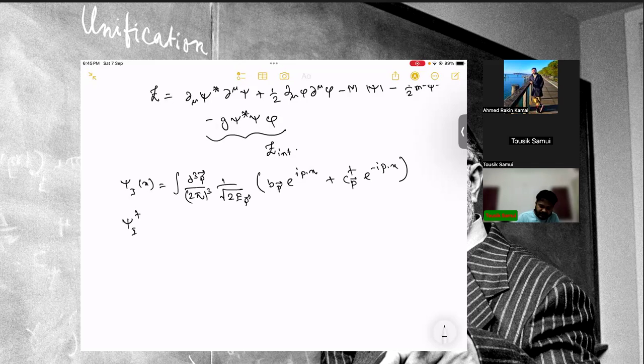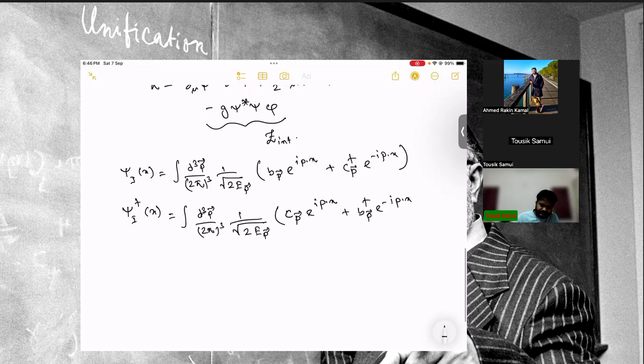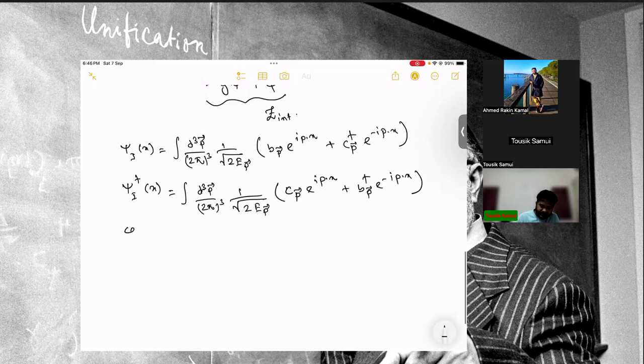Then the dagger field psi dagger will take the form with c_p e^{i p.x} and the other term with e^{-i p.x}, and then the phi operator.